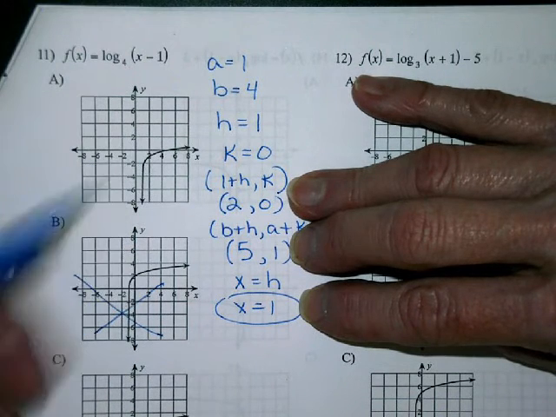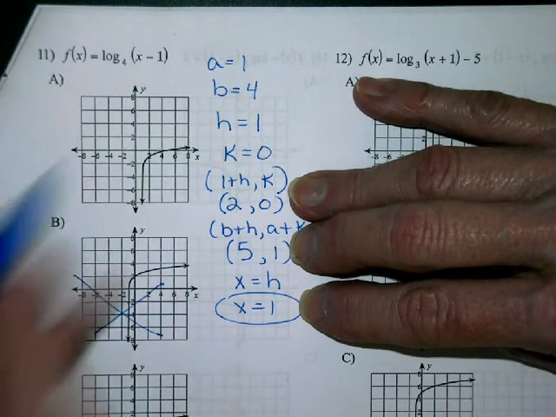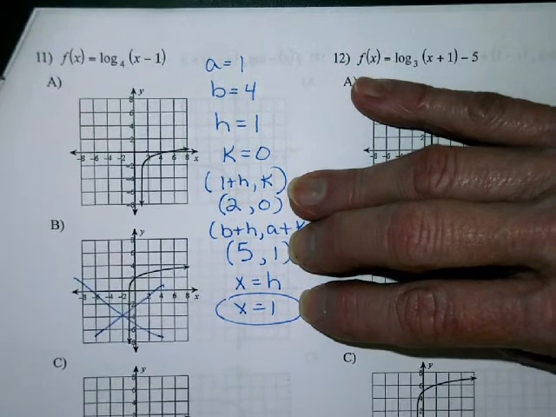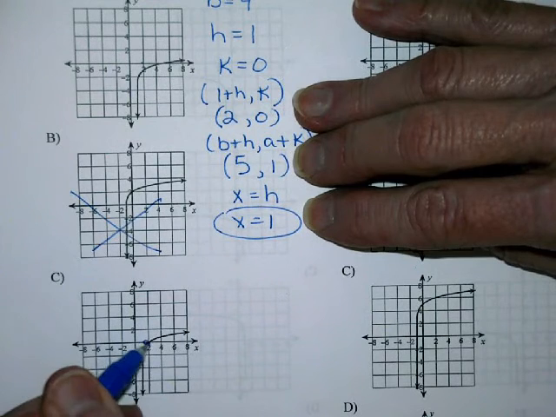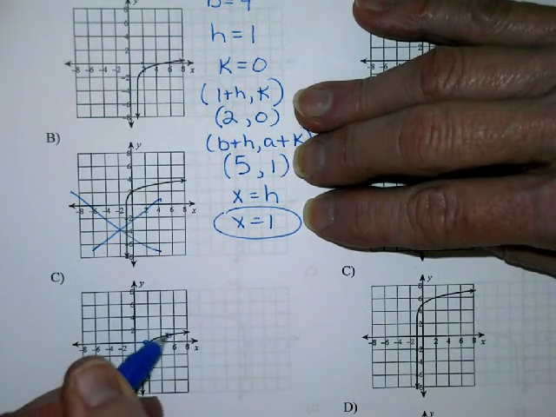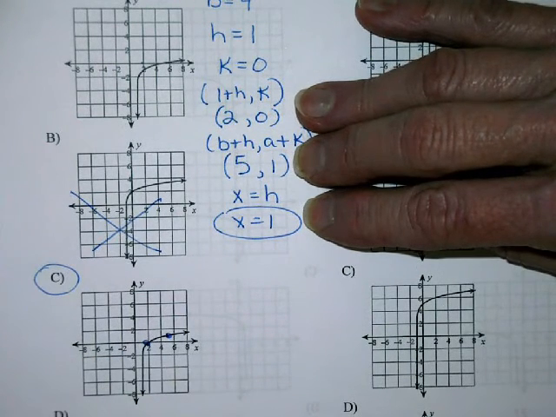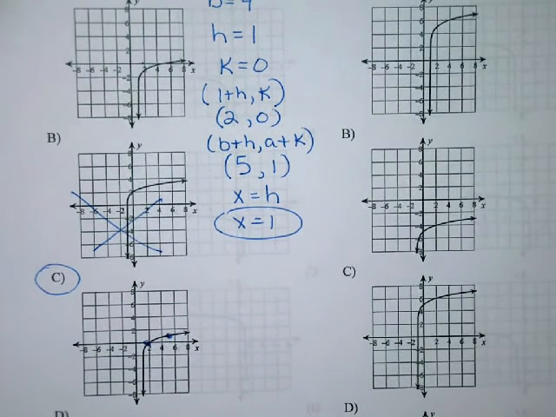And I look for 2, 0. So A is not the right graph because 2, 0 isn't on the curve. So I look for 2, 0 and 5, 1. There it is. How's your brain? Thinking this stuff through?